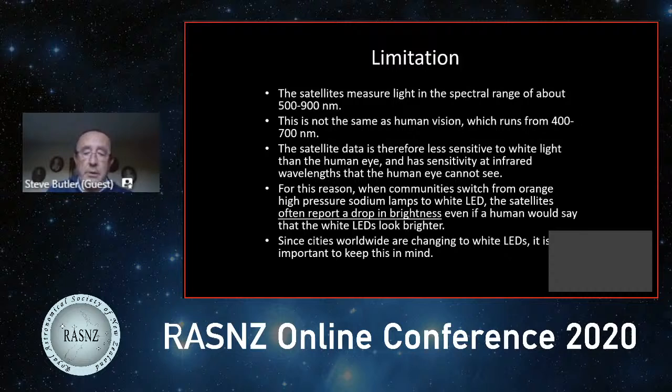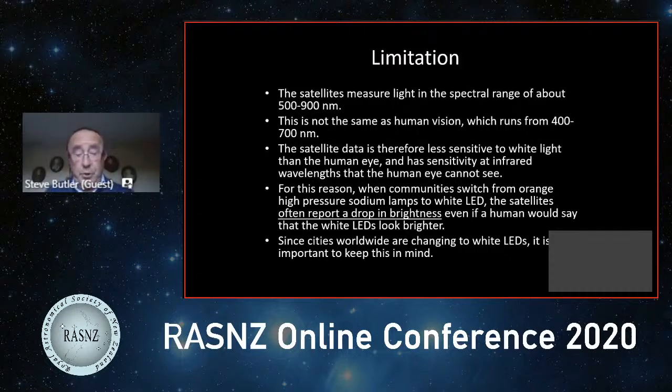So the satellite data is therefore less sensitive to white light than the human eye. And so for this reason, when communities switch from orange high-pressure sodium lamps to white LEDs, the satellites often report a drop in brightness, even if a human would say that white LEDs look brighter.